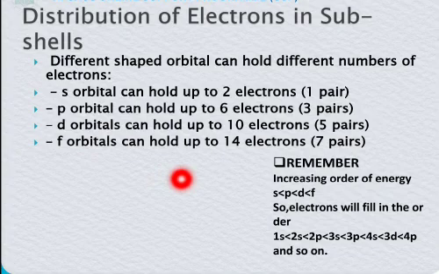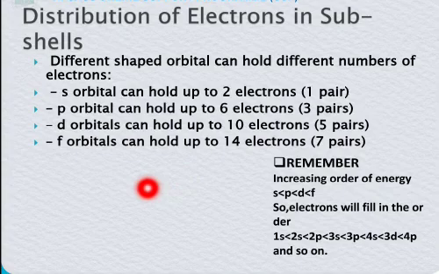One thing you need to remember is the increasing order of energy. s is the smaller energy level, and f is the larger orbit, so it will be higher in energy. So an electron will first fill the lowest available energy level.